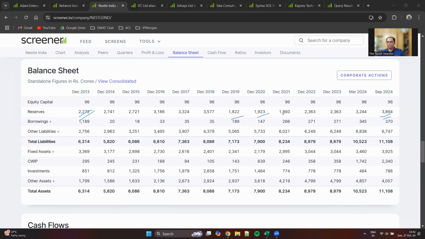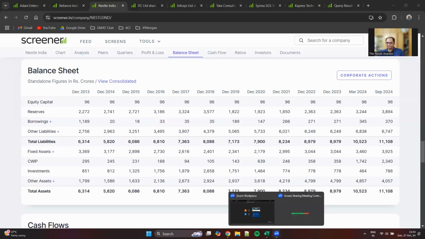Here they must have paid out much higher dividend. So again, what basically this company is telling you is, we are able to generate good returns for you in a single year, but we do not have the right investment opportunity to reinvest this money somewhere in our business where your actual earnings can increase. So that is how we need to look at a company for ROE and ROCE.